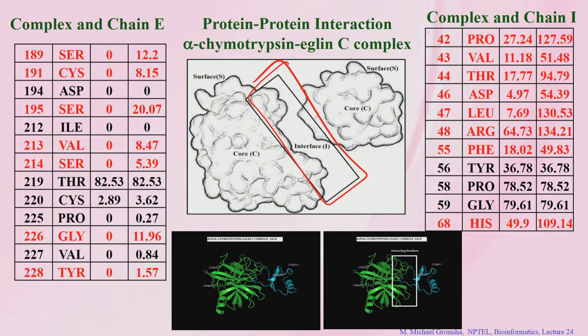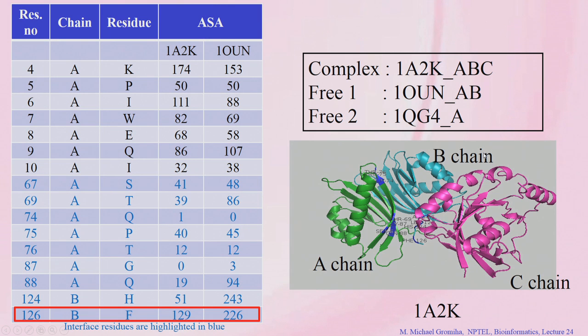Also if you see in this chain, continuously a stretch 42 to 48, all these residues change the accessible surface area very drastically, for example 127 to 27, 54 to 4 and so on. So, these residues we identify as binding sites. This you can also do in the case of protein complexes. This is another example, the same as I explained earlier.